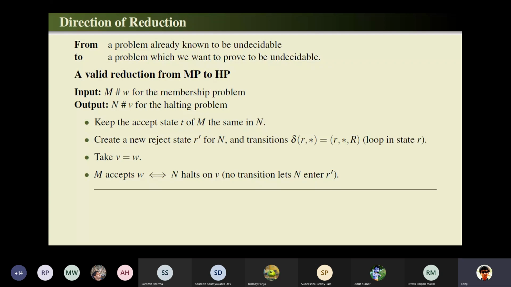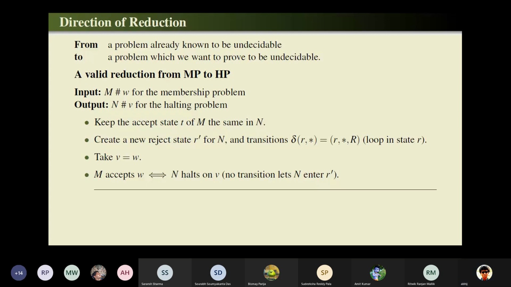And suppose that I know HP to be undecidable, but this reduction does not imply that MP is undecidable. Why? Because this reduction gives one way of solving MP. There may be other ways of solving MP without reducing to HP.